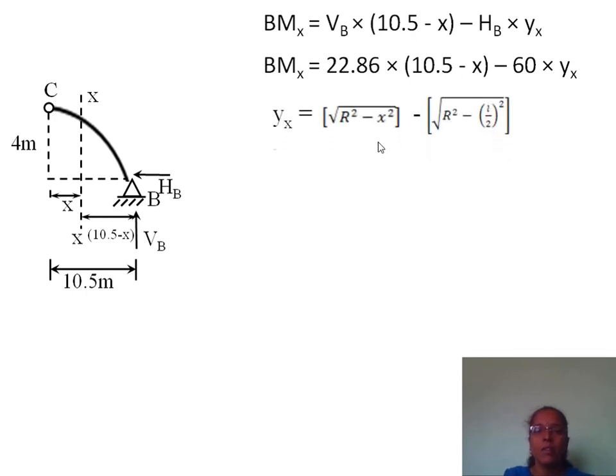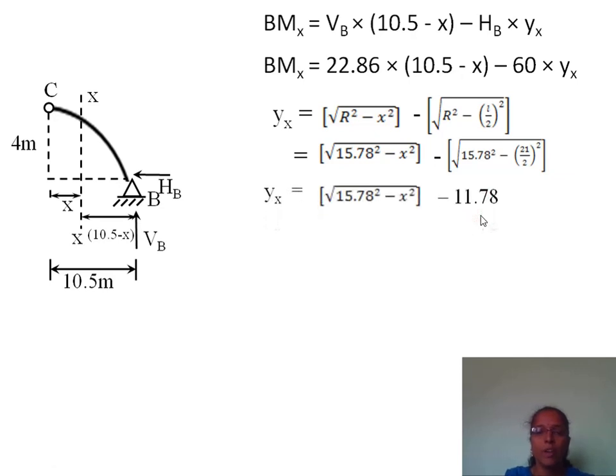YX is given by root of r square minus x square minus root of r square minus (L by 2) whole square. Substitute the values of r and L: root of 15.78 square minus x square minus root of 15.78 square minus (21 by 2) whole square.